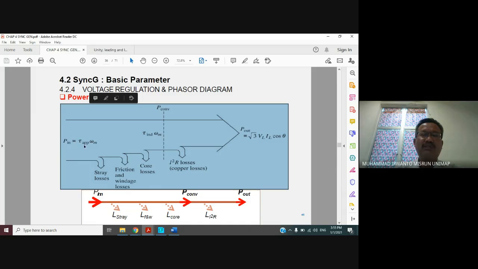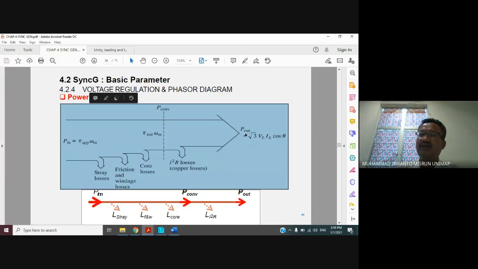Input power is given by applied torque multiplied by mechanical speed. During the process we have friction and windage losses, core losses, and copper losses. After that, electrical power is produced. P output is given by root 3 VL IL cos theta. Remember, this is the total three-phase power.